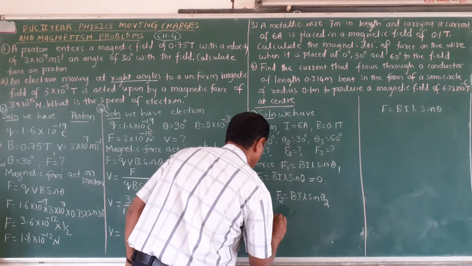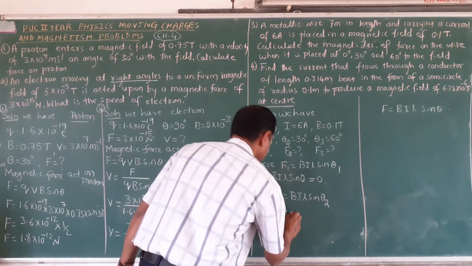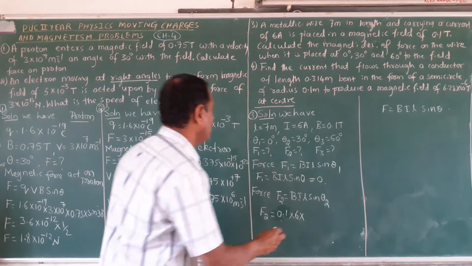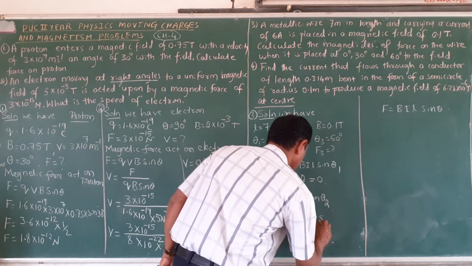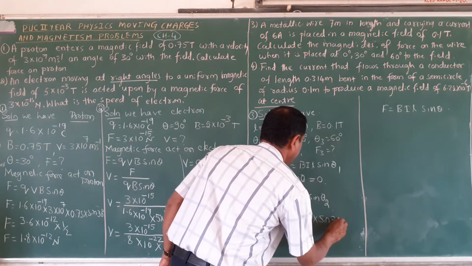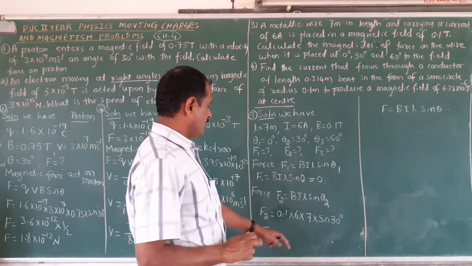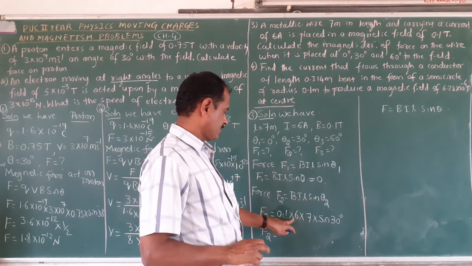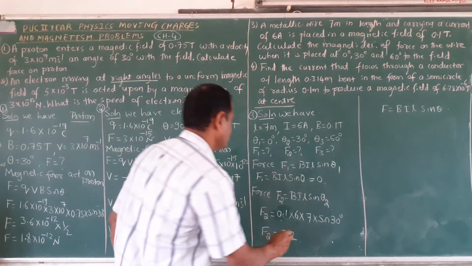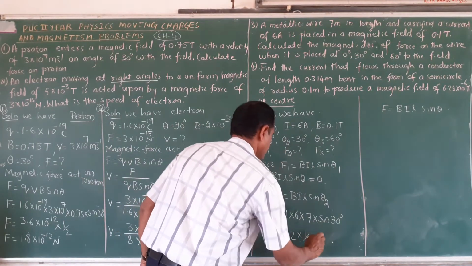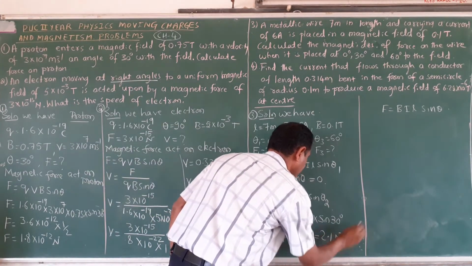Therefore F2 is equal to 0.1 into I, which is 6, into L, which is 7, into sin 30 degrees. How much did you get here, sir? 42, I think it is 4.2, into 1/2. This is the answer you got. I think it is 2.1 Newton.